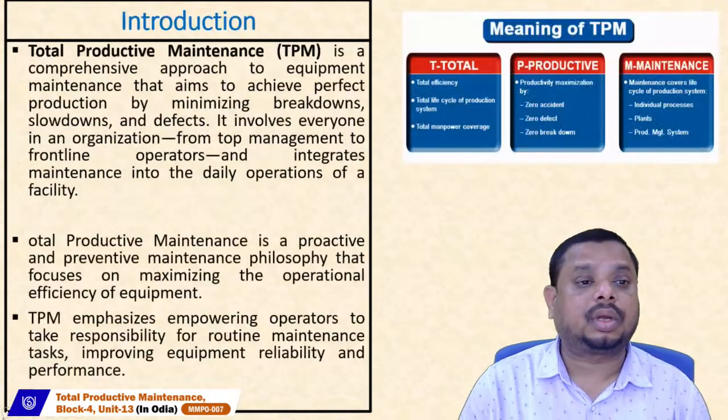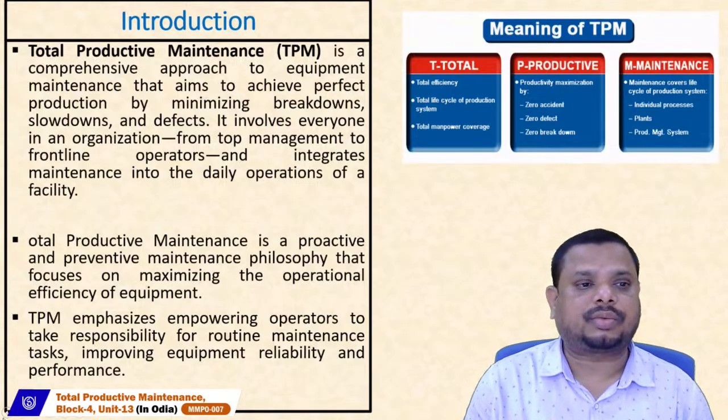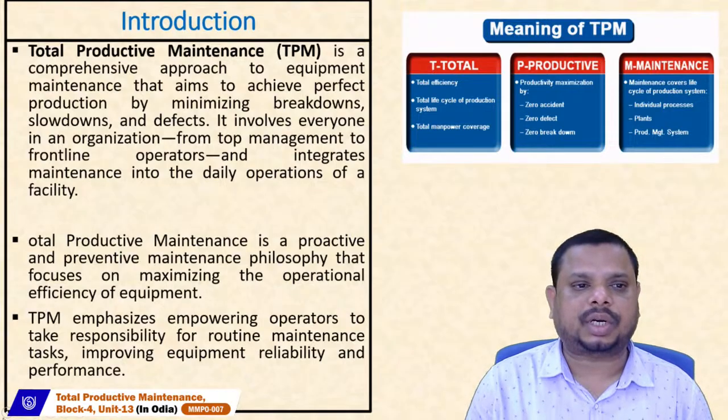Moving to the next one. Let's understand the basic overview of total productive maintenance. Point number one: it is a comprehensive approach to equipment maintenance that aims to achieve perfect production by minimizing breakdowns, slowdowns and defects. Total productive maintenance involves everyone in the organization, from top management to frontline operators, and integrates maintenance into the daily operation of facilities.